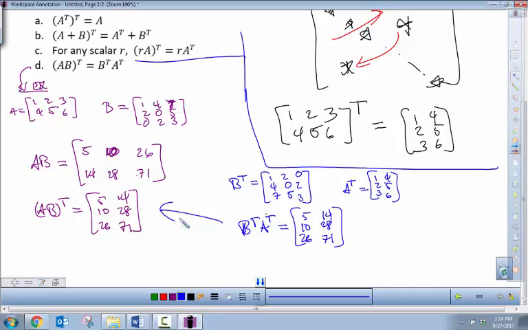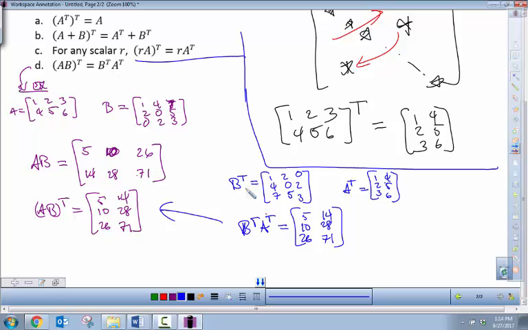Again, this is not a proof. I mean, we can prove it using numbers and stuff, but even then, this should work for any size matrices as long as they're multiplication compatible. But that is an interesting property because it was switched. If you even try to multiply A transpose times B, I don't think that'll work.